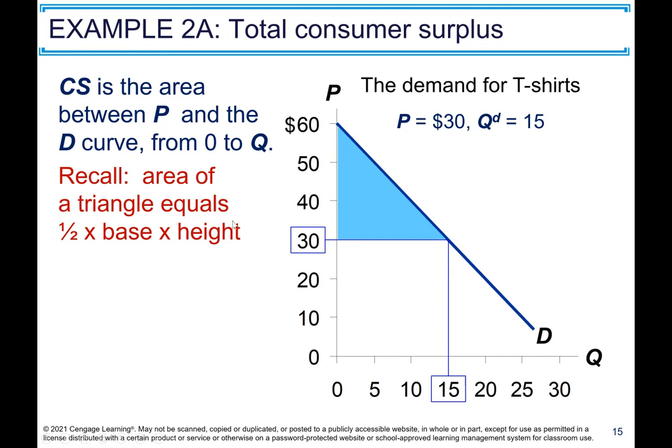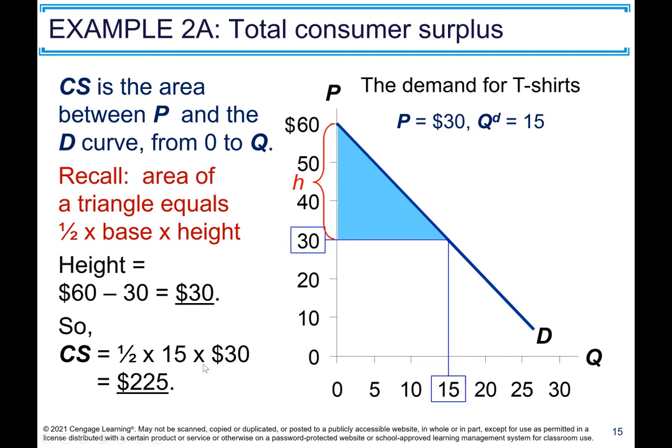Recall, area of a triangle equals half times base times height. The height is 30. The base is 15. So consumer surplus is 1/2 times base, which is 15, times height, which is 30, and that is equal to 225.